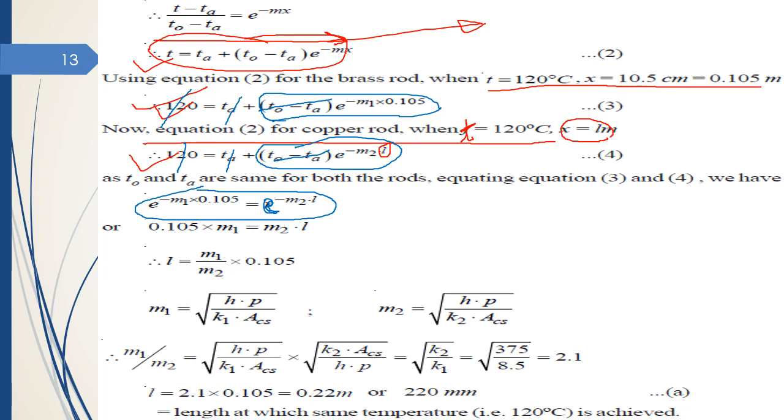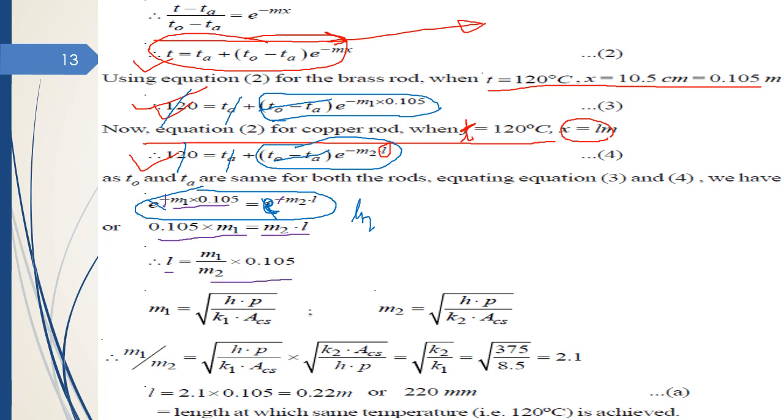So e raised to minus m1 into 0.105 equals e raised to minus m2 into L. Again we take ln, that is log base e, on both sides. So e will be cancelled, minus minus is also cancelled. So 0.105 into m1 equals m2 into L. So L equals m1 upon m2 into 0.105.